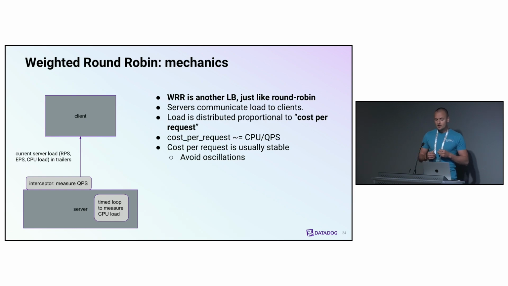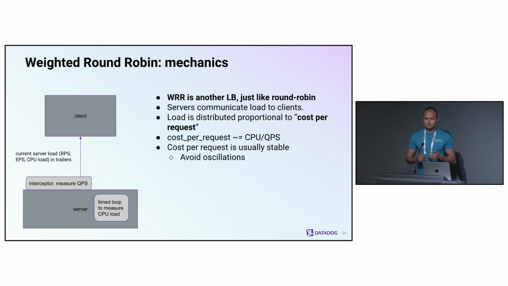WRR relies on server-side load reports, which are delivered to every client via trailers in every gRPC response. So what it means is that every client now has a coherent view of server utilization for all servers it is connected to. Then what WRR does, it calculates a so-called cost per request function, which I simplified a bit, but in essence it's just CPU divided by QPS, and QPS is queries per second.